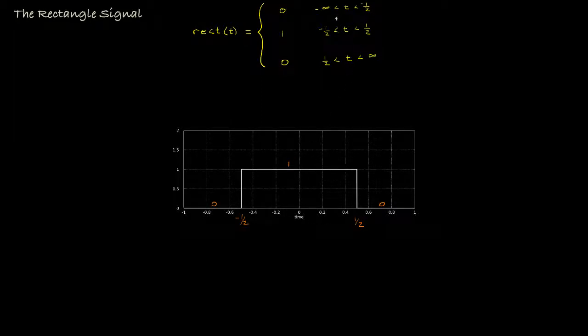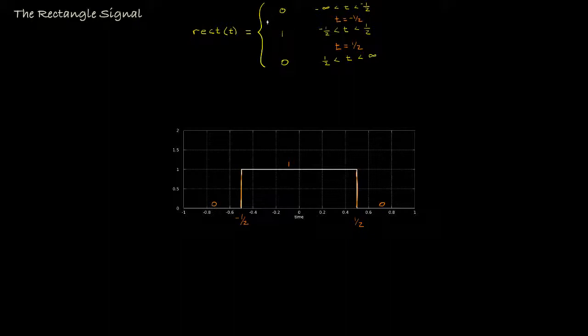Now, at the two discontinuities, when time is equal to -1/2, this region, and when time is equal to 1/2, which is this region, there's a little bit of inconsistency in the way people assign values to the rectangle signal.